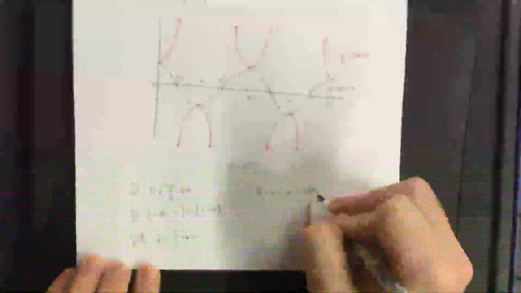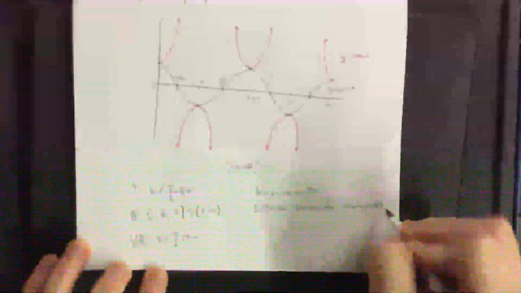This is due to the fact that this is a reciprocal function, and reciprocals are typically never equal to 0. And then between consecutive asymptotes, the graph is smooth and continuous.